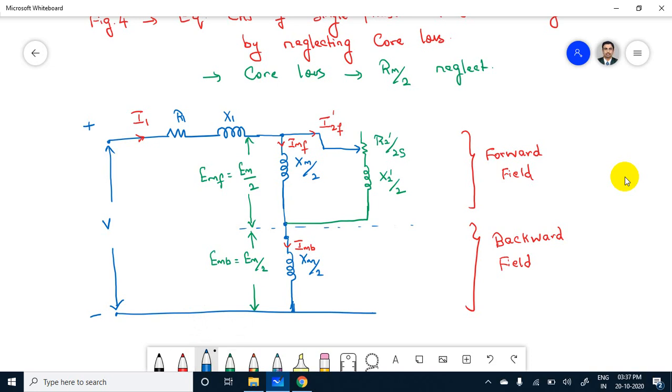Here also the same, it will be connected to a resistance.